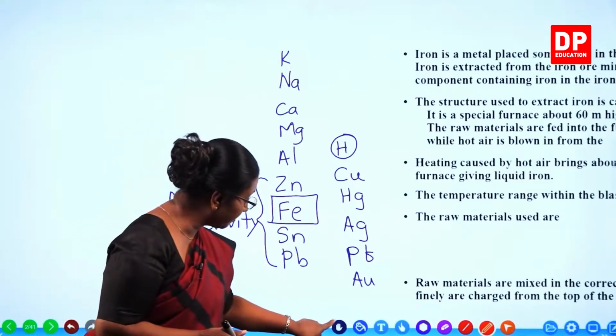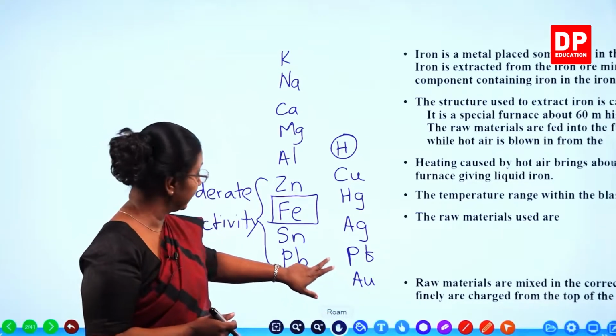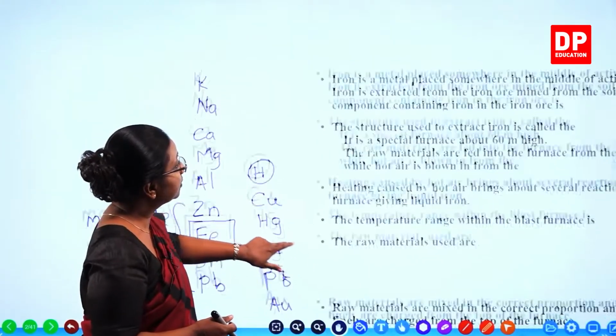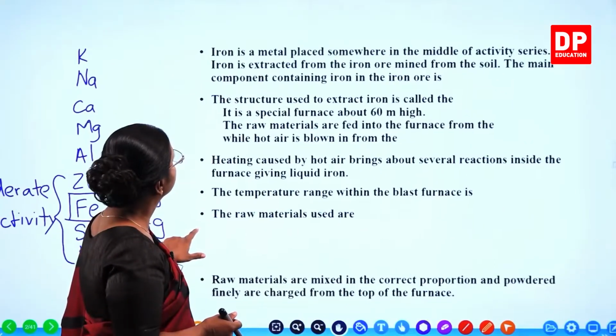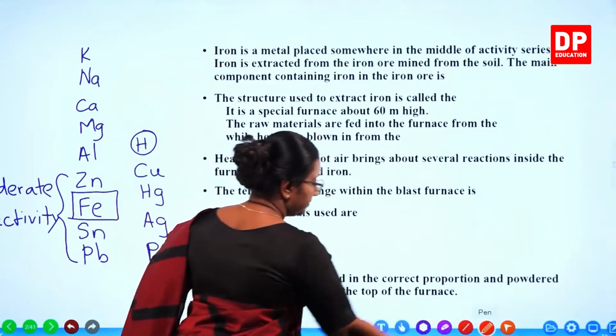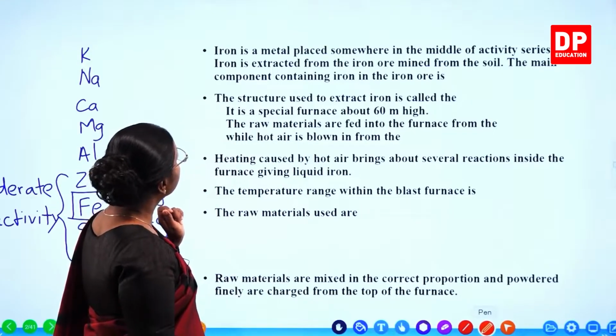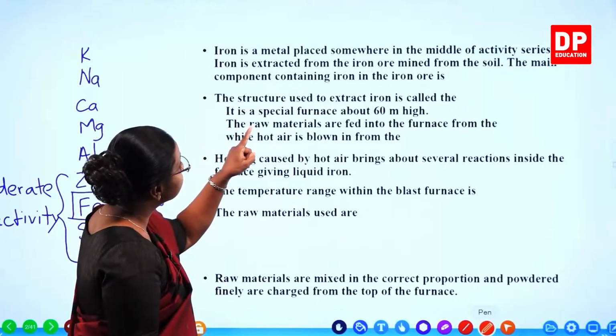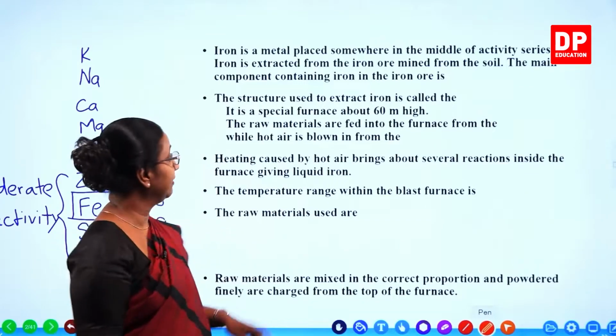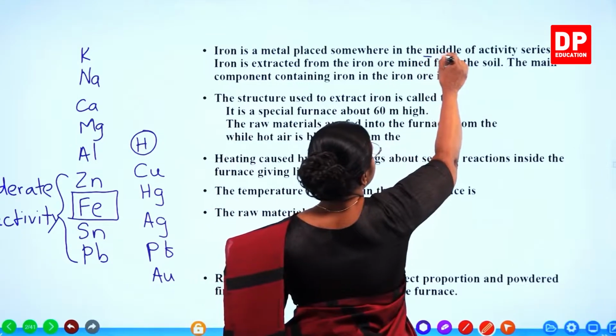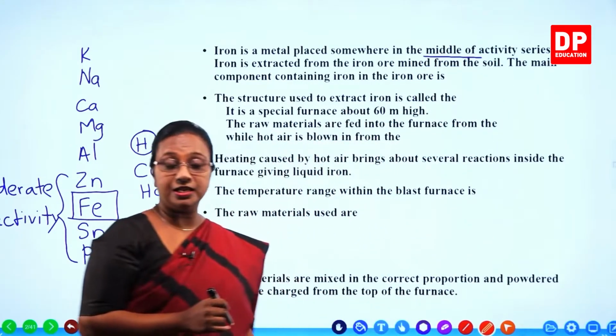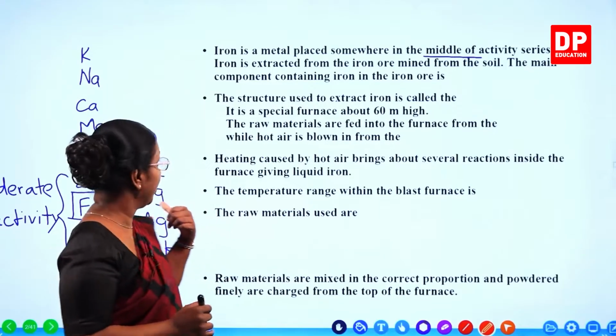So that is the process that we are going to discuss now. Here you can see iron is a metal placed somewhere in the middle of the activity series. That is what I just explained to you.